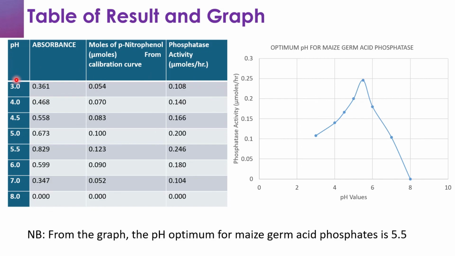If you do this, this will be the nature of the graph that we get. From the graph, we can see that the optimum pH for our maize germ acid phosphatase is 5.5. Thank you.